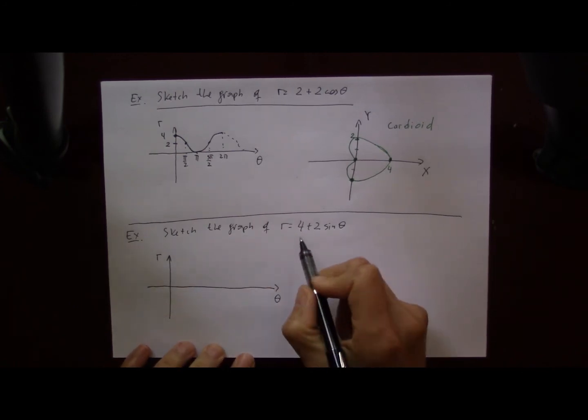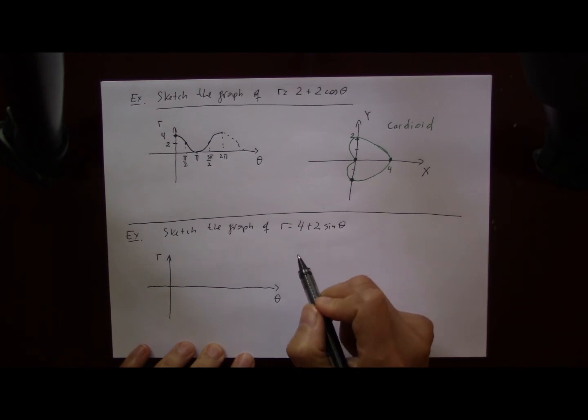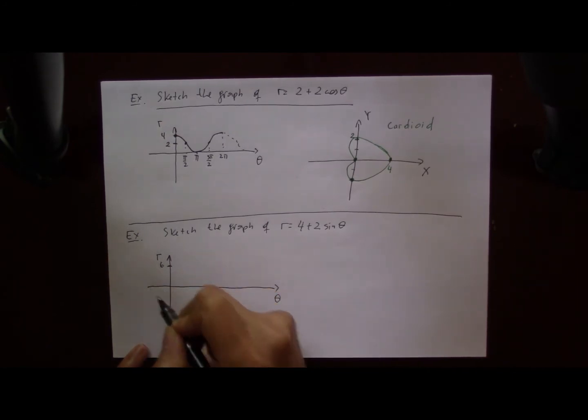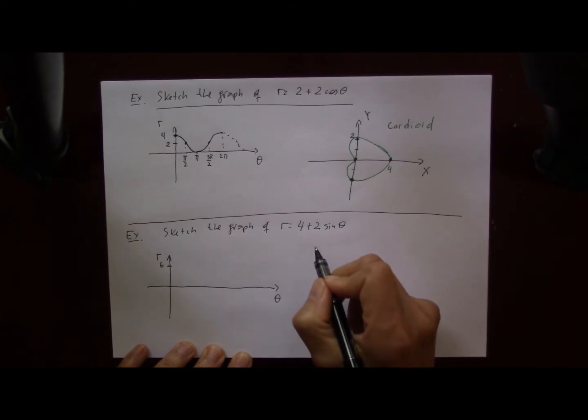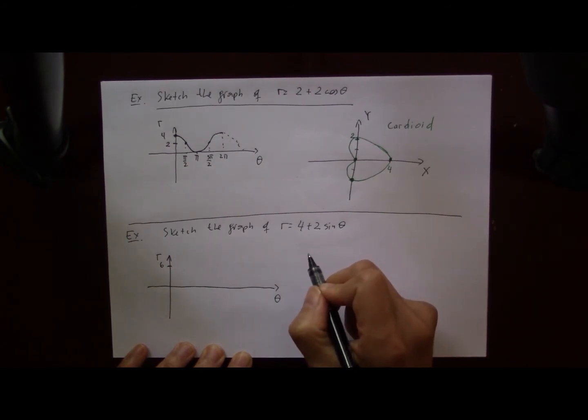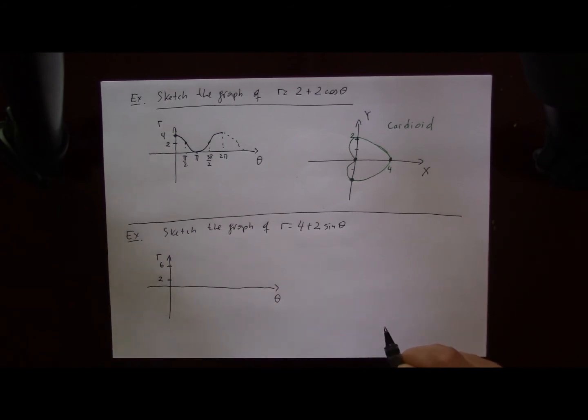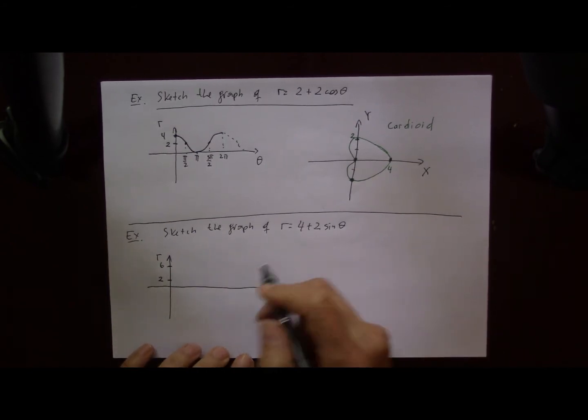And you see, because we have 4 plus 2 sine theta, then r will be between 4 plus 2, which is 6, and 4 minus 2, which is 2, so it's going to be between 2 and 6. The average is going to be 4.